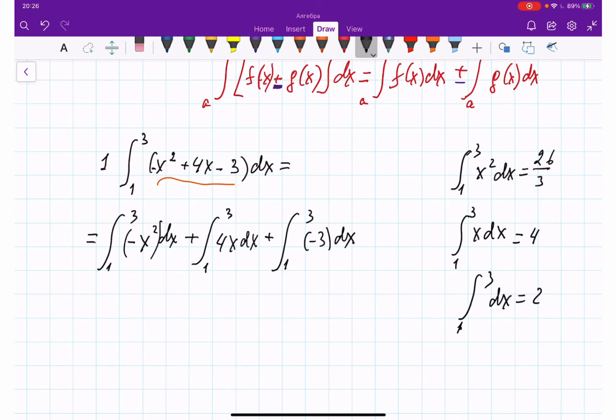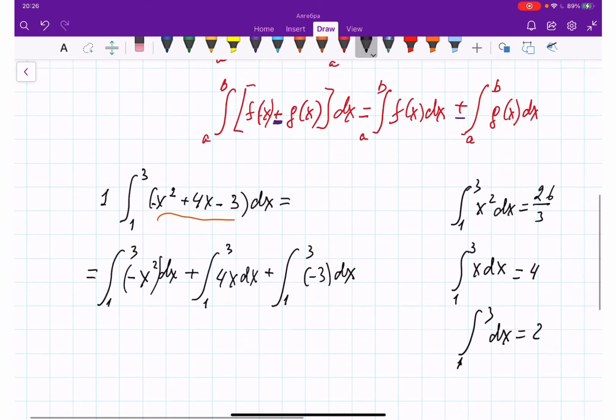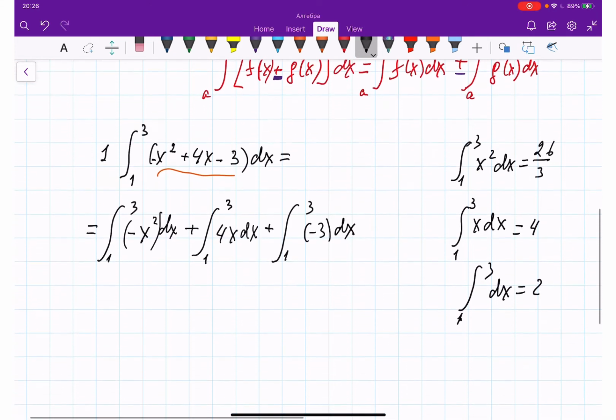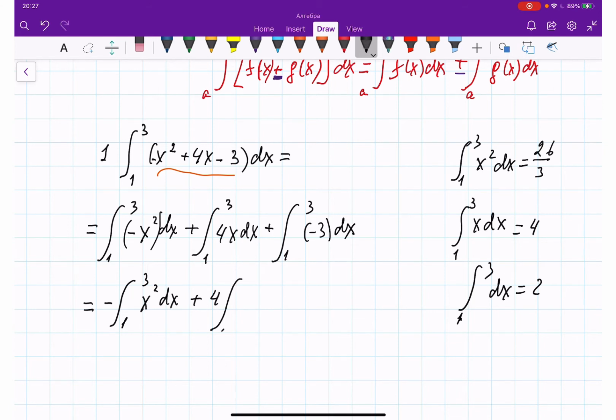Using the first property, we take the constant out. In this case, it's going to be negative, the integral from 1 to 3 of x squared dx, plus 4 times the integral from 1 to 3 of x dx, minus 3, because we have negative 3, times the integral from 1 to 3 of dx.